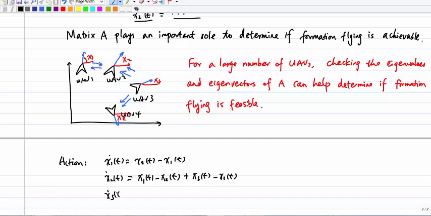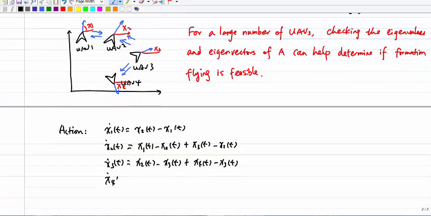And x3 dot t also has two neighbors, one is x2 and one is x4. So I have x2(t) minus x3(t) plus x4(t) minus x3(t). And x4 dot t will be x3(t) minus x4(t), because UAV 4 only has one neighbor.